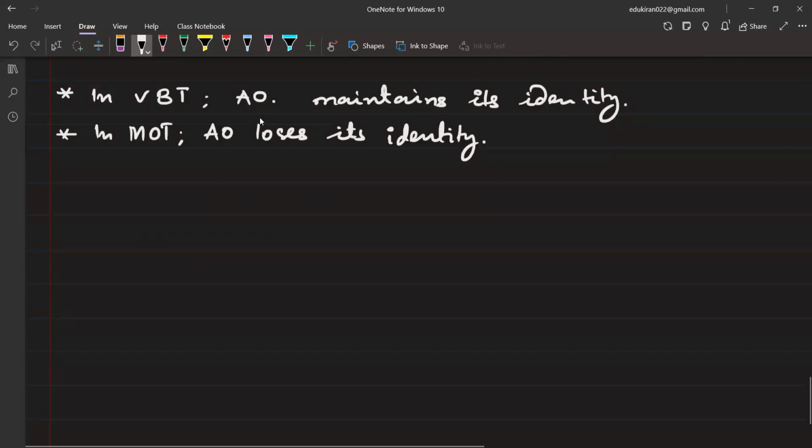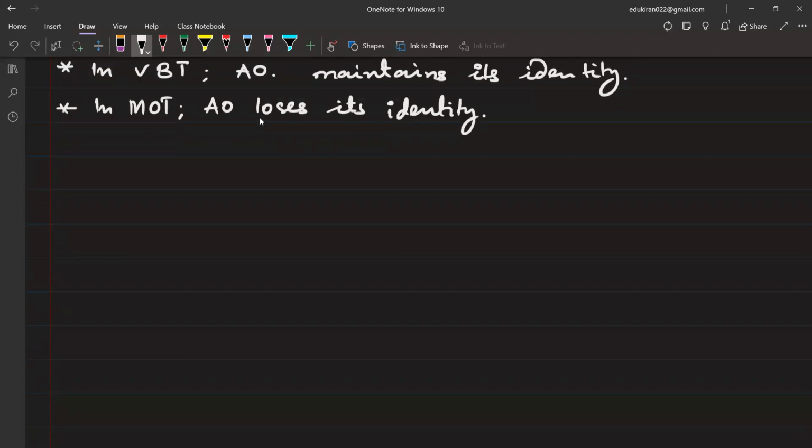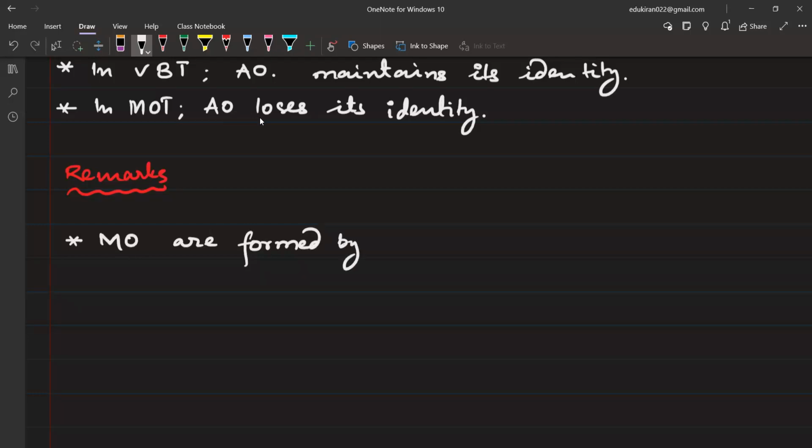Now, write next. Write some remarks before the linear combination of atomic orbitals. Remarks. Molecular orbitals are formed by linear combination of atomic orbitals.